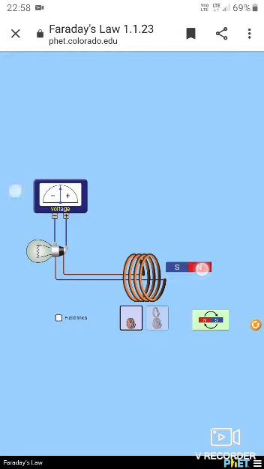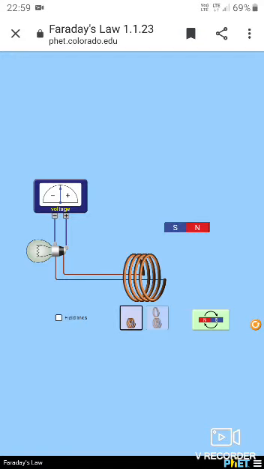When I bring it out, where does the deflection show? It was shown towards the left side. Earlier it was towards the right. Now what does it indicate? As I've said earlier, the magnet is surrounded by a magnetic field. When I change the poles of the magnet, I have changed the direction of the magnetic field. Once I change the direction of the magnetic field, automatically the direction of the induced current also changes.